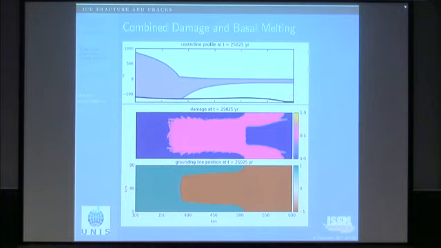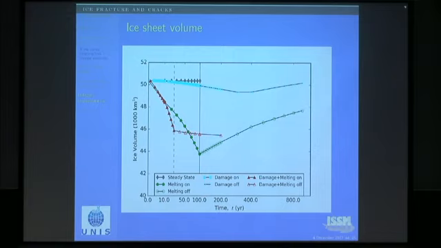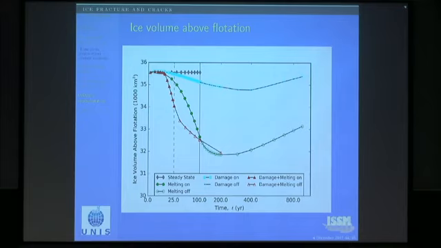But just for the purpose of illustration, if I run this for just 25 years, where the typical perturbation length is 100 years, I get a drastic decrease in ice volume, and then it continues to lose volume for several hundred years. And for the ice volume above flotation, I continue to lose volume from my ice sheet for, again, in this case, 100 and some years after I turn off the perturbation.